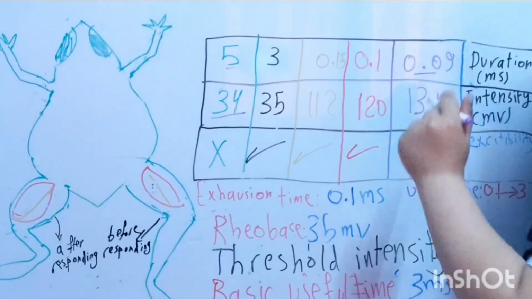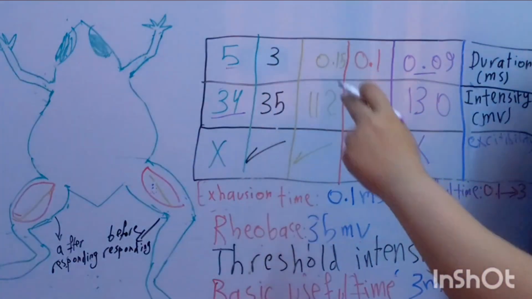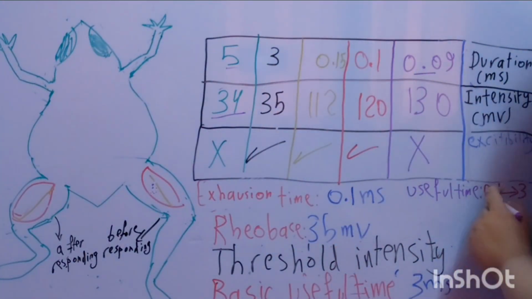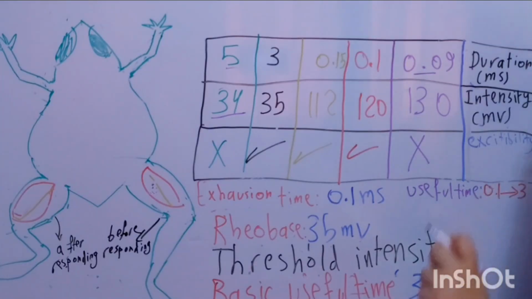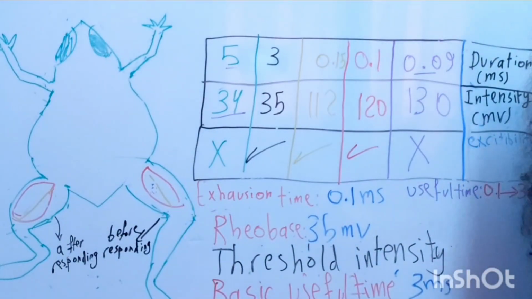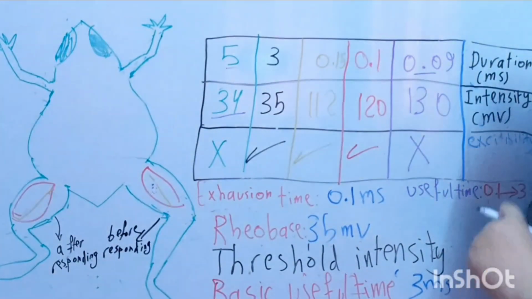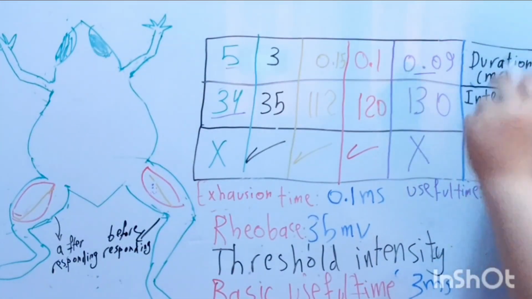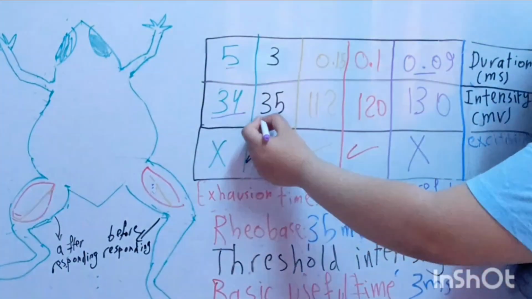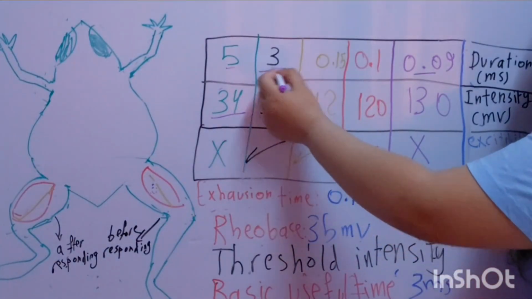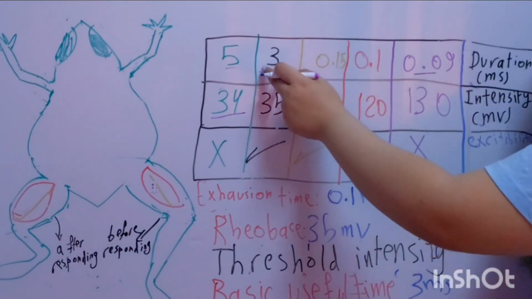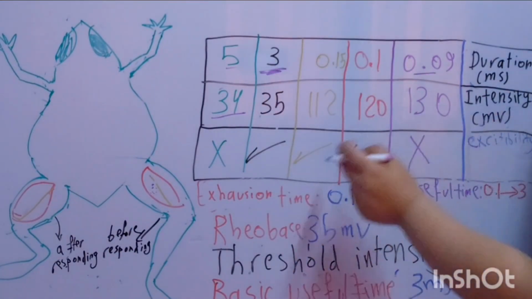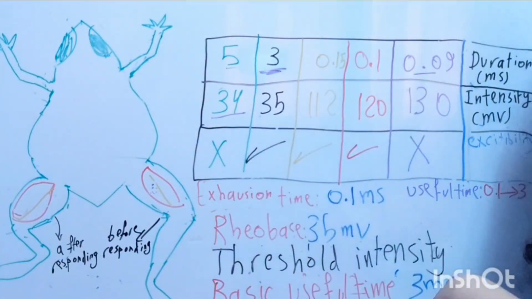So what is between the exertion time and the basic useful time is the useful time, which is here 0.1 to 3. And one might ask, what is the basic useful time? We already defined the useful time, but the basic useful time is the time at which the rheobase works, for example here the duration is 3 milliseconds and the intensity is equal to the rheobase, which is 35.